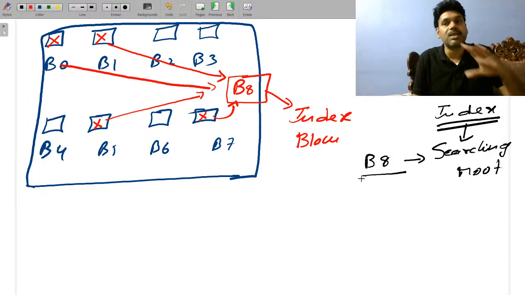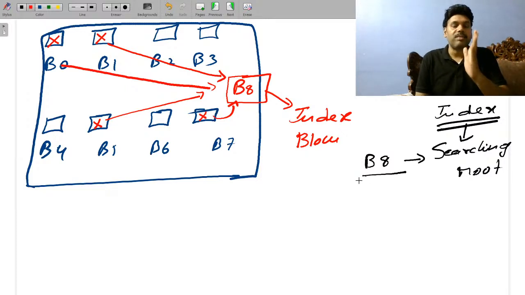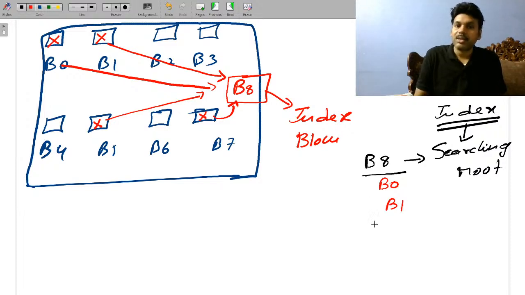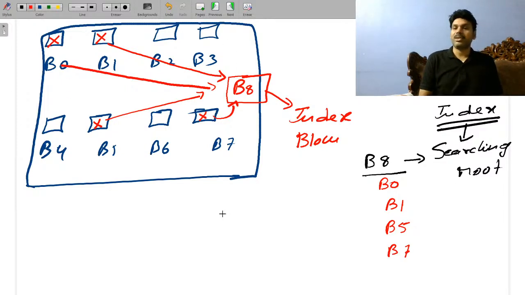This is very important. The index file always maintains records in sorted order, ascending order. First block 0, then block 1, then block 5, then block 7. But you need not maintain any internal pointers over there. Therefore, you are free to write your data information.